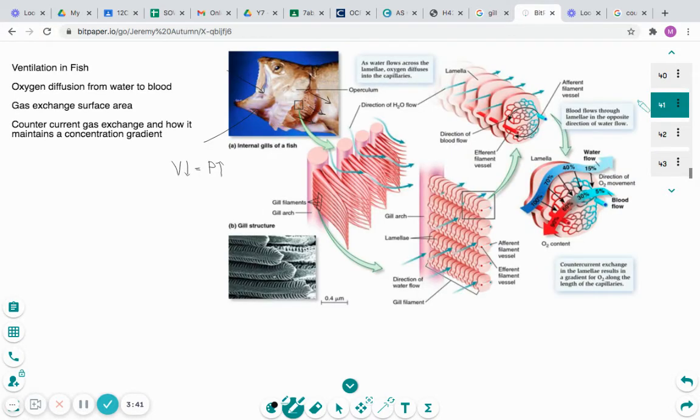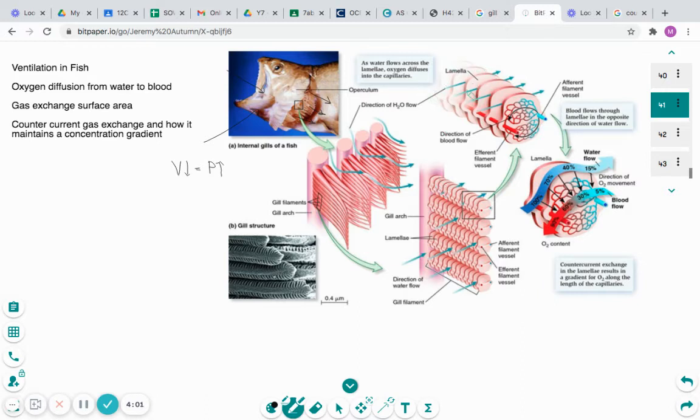If we zoom in, we can call these filaments the primary lamellae as well. And another way to increase the surface area is that each filament has these secondary lamellae coming off.